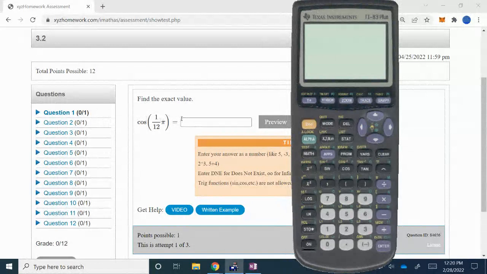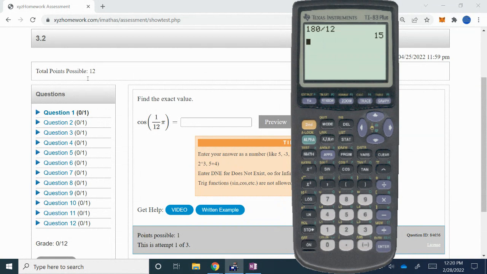First I'm going to figure out what pi over 12 is as a degree measure. Remember that pi is 180, and I'm going to divide that by 12, and we have 15 degrees, so we want the exact value for 15 degrees.